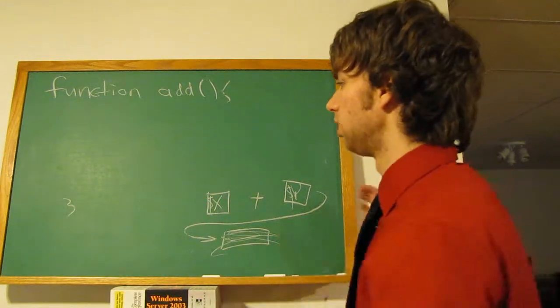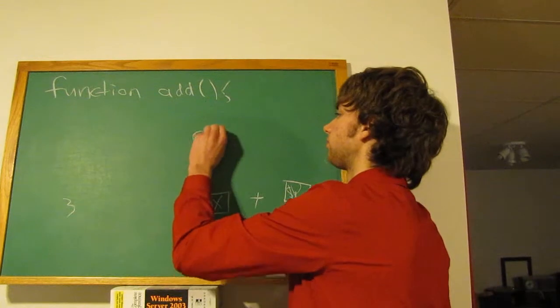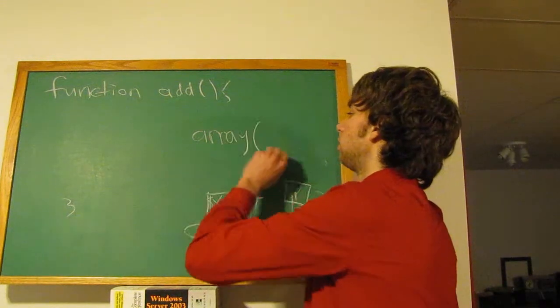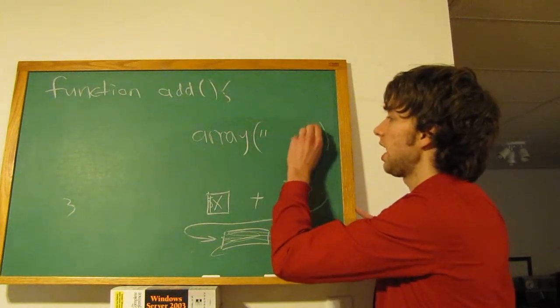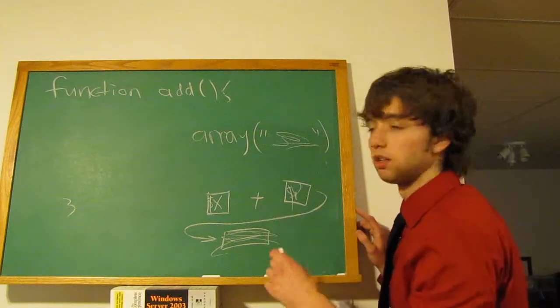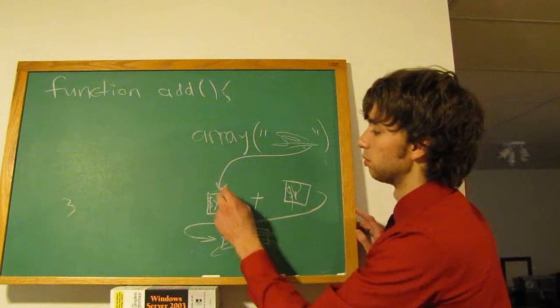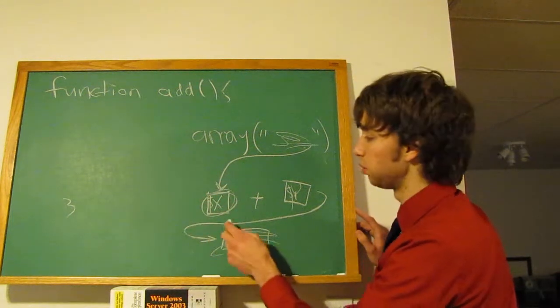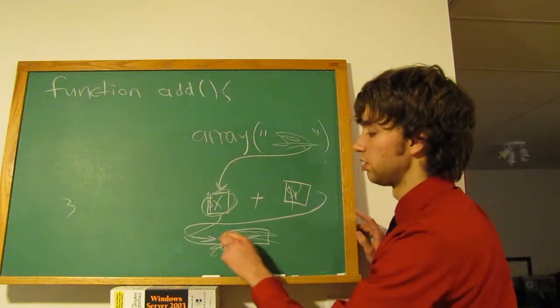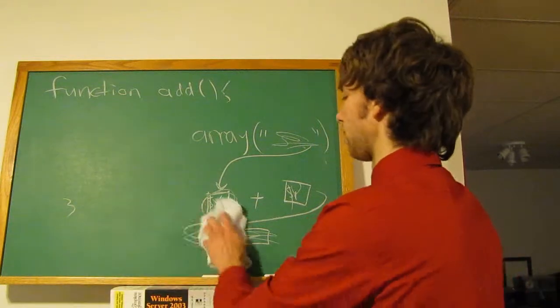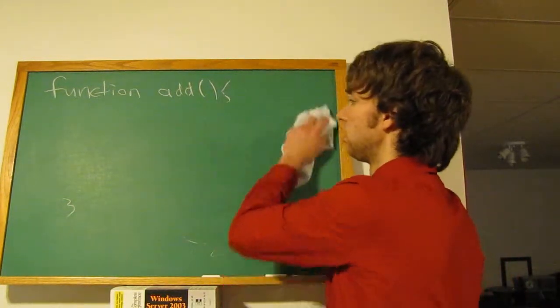For example, when we used the array function, within the parentheses we gave it values. Those were stored in a variable that temporarily holds the value and converted into an array. The same thing happens with this addition function.